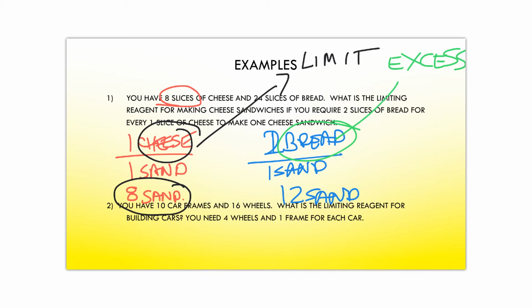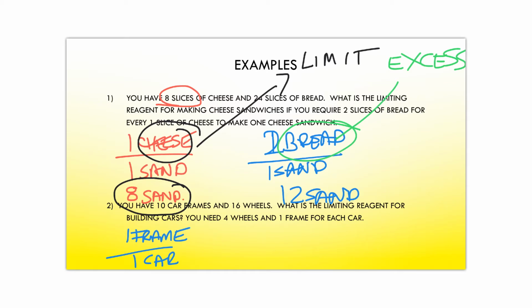And you could do the same thing down here with the frames, right? 10 car frames and 16 wheels. So it says to me that 1 frame is necessary for each car. So if we were to do this, it's 1 frame per 1 car.